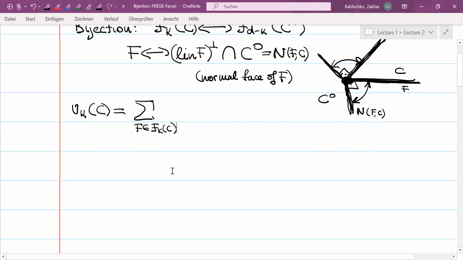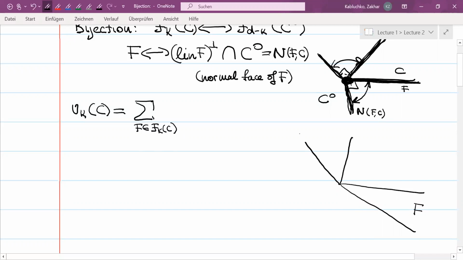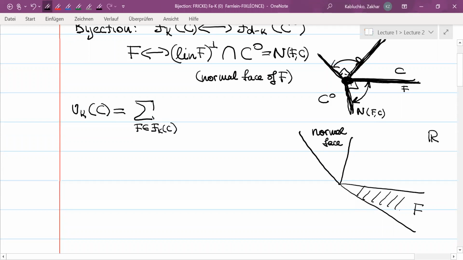And to this end, let me try to draw a picture in dimension 4. So suppose this is F, it is two-dimensional. And there is an orthogonal complement of F, which is also two-dimensional. And there is a dual face. So this is the normal face. And now, in R4, which points project to this face F?